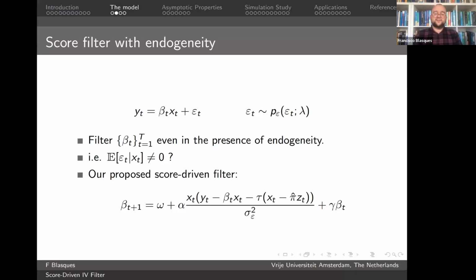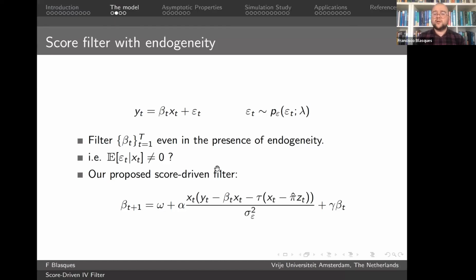So what do we have? We have a time varying regression, yt. We want to regress it on x, but there's a time varying parameter beta. Now, how do we filter that beta when there is endogeneity? So when the expected value of epsilon t conditional on xt is not 0, so the exogeneity condition is failing.